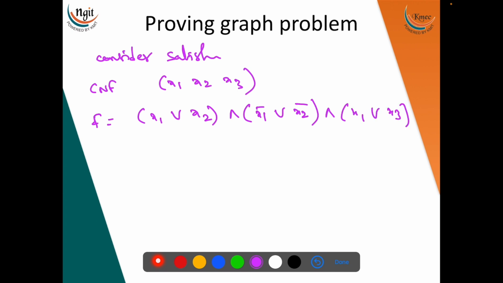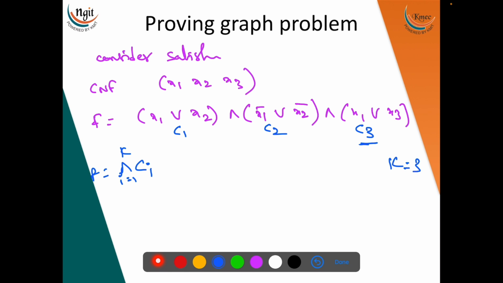There are three clauses that I have taken, C1, C2, C3. The formula is the conjunction of Ci for i equal to 1 to k. Now the k value is 3, so I have taken 3 clauses.